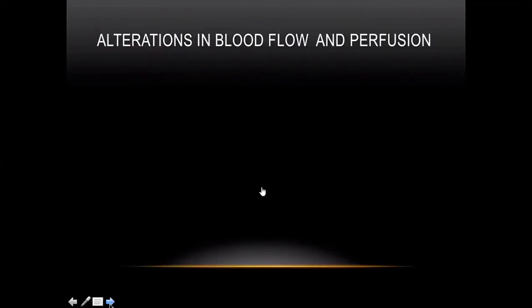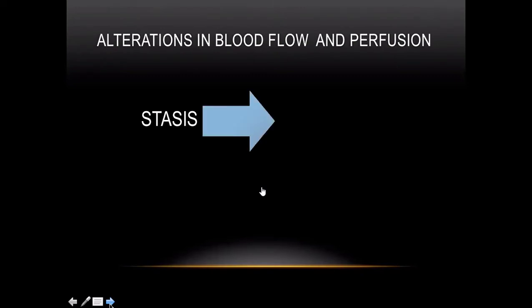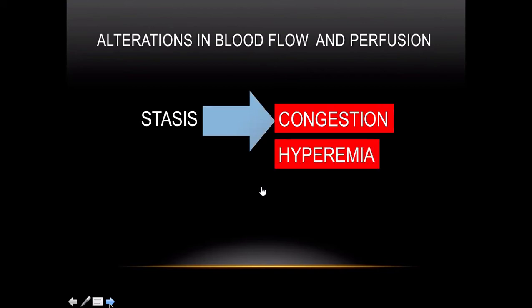So alterations in blood flow and perfusion include stasis. Stasis meaning the blood just stays there, static. When you have stasis of blood, it can result in congestion and hyperemia.